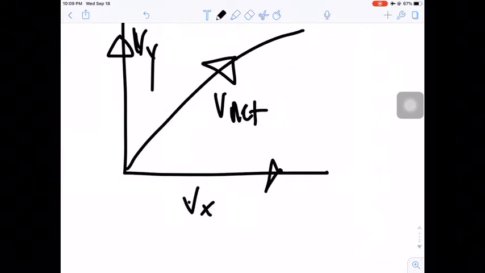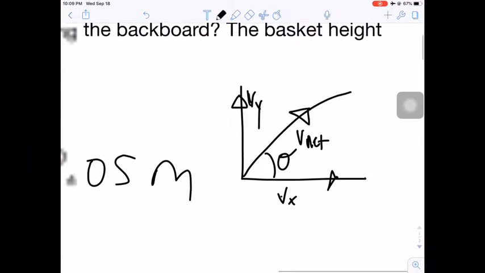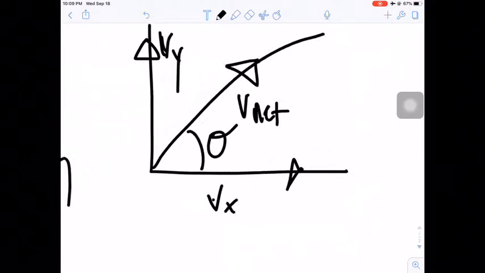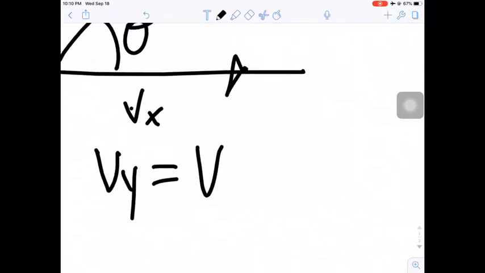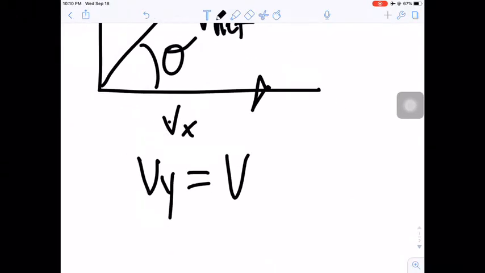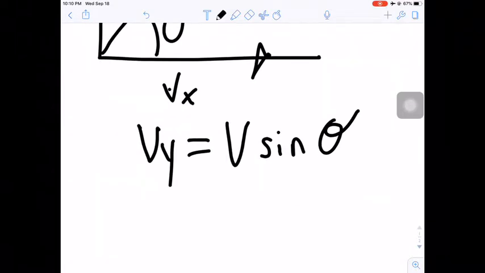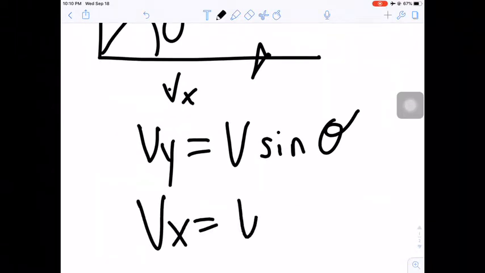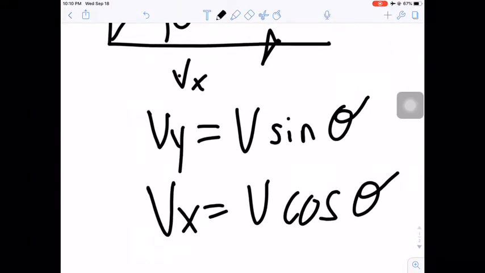Based on the angle, we can break them up into x and y, and we can use the x and y components to find the v net. So the equations we use for these: vy would be equal to v sine of the angle, and vx would be equal to v cosine of the angle. So we use these two equations.